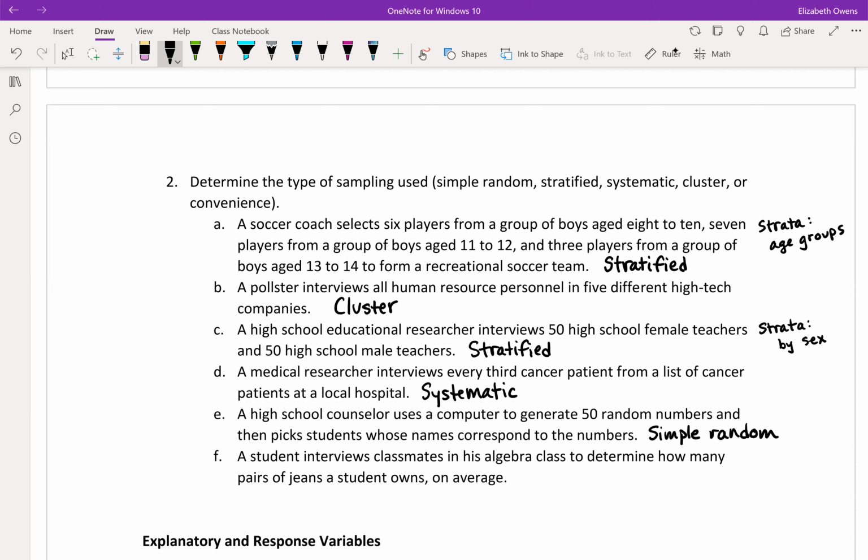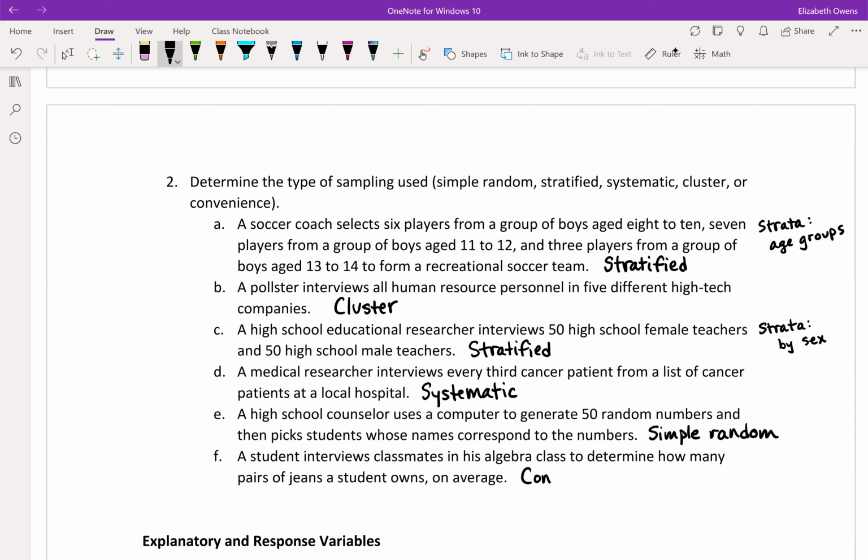It's just his algebra class. And yeah, the student is just interviewing his own classmates and he's generalizing it to the overall population of students. This is just convenience sampling.